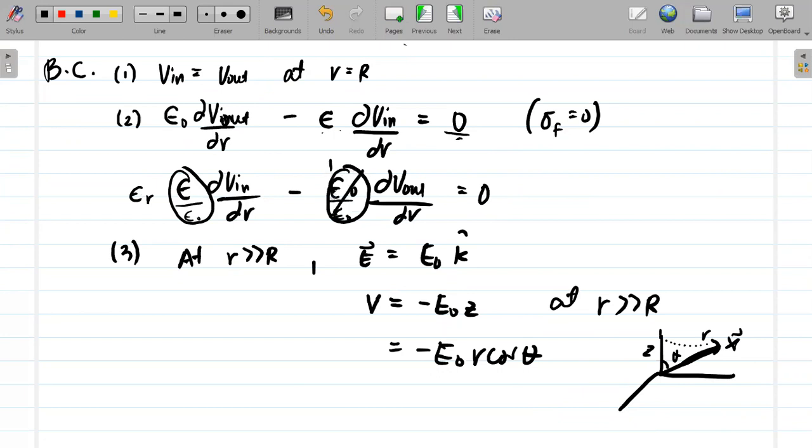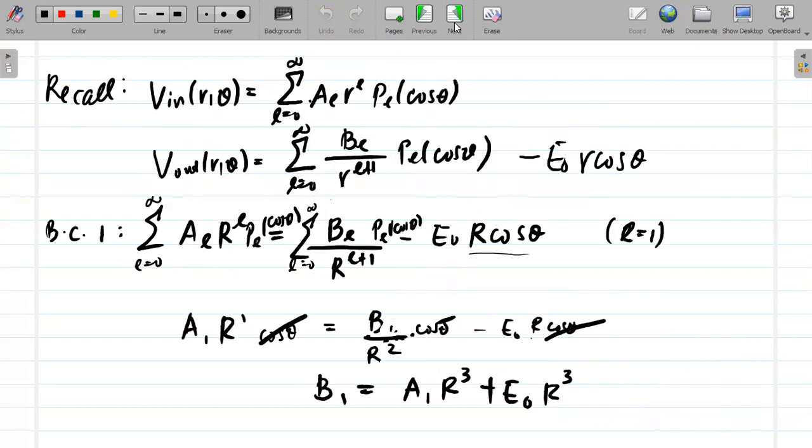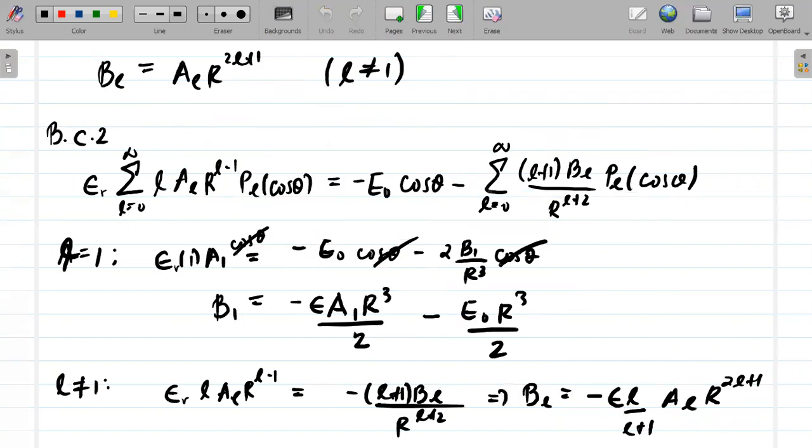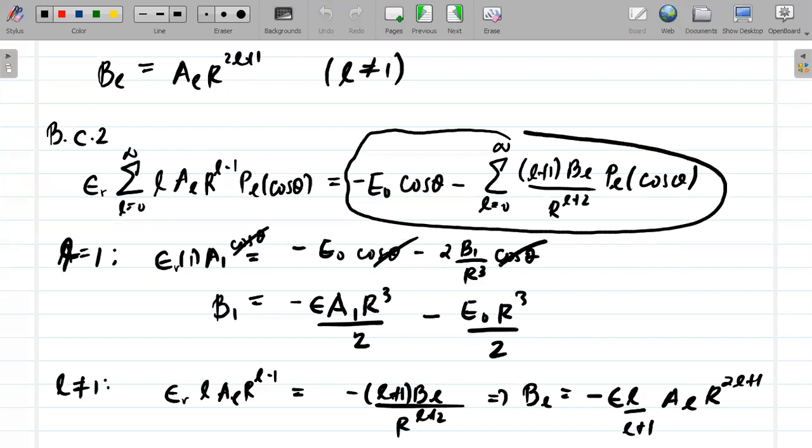So, that's consistent. Later on, our V out, the partial V out with respect to r, I had not placed any epsilon naught here, right? It's just 1. I multiplied by 1. So, yeah, thank you for the correction.